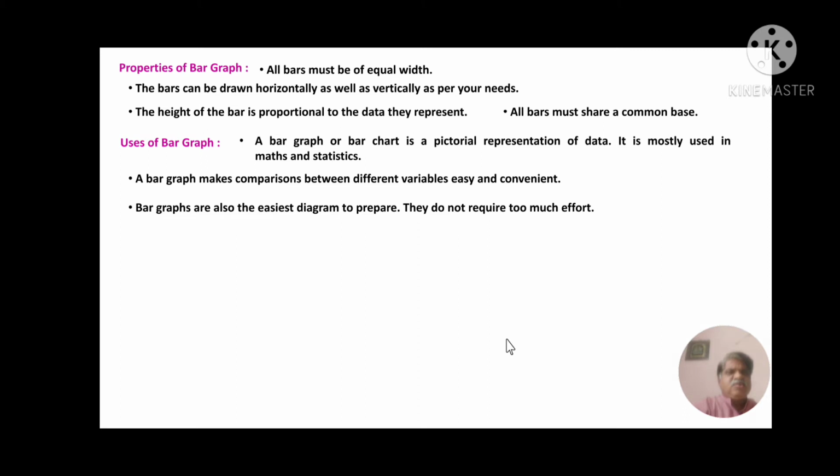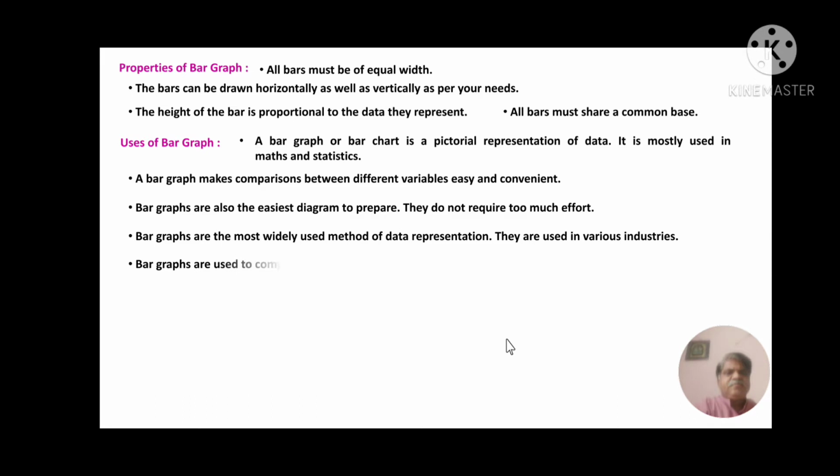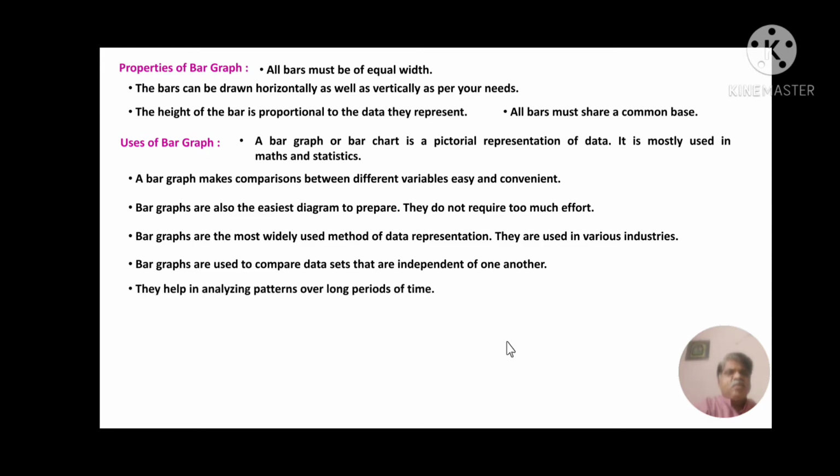They do not require too much effort. Bar graphs are the most widely used method of data representation. They are used in various industries. Bar graphs are used to compare data sets that are independent of one another. They help in analyzing patterns over long periods of time.